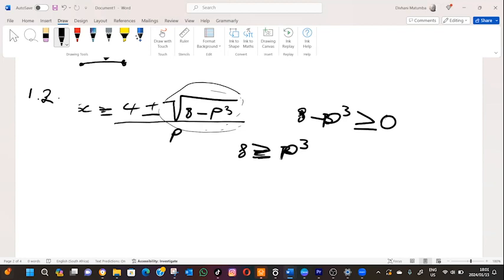All right. Now, I'm sure you can see where we're going. I don't know if you're going to agree with me, but 2 to the power of 3 is the same as 8.